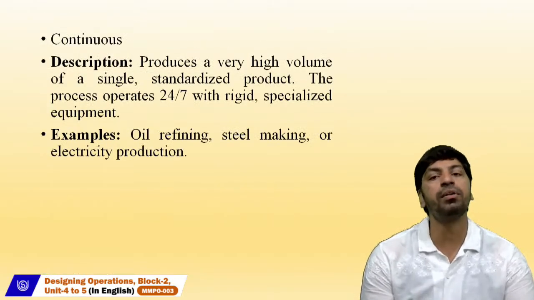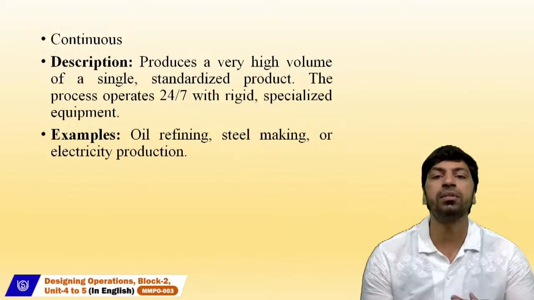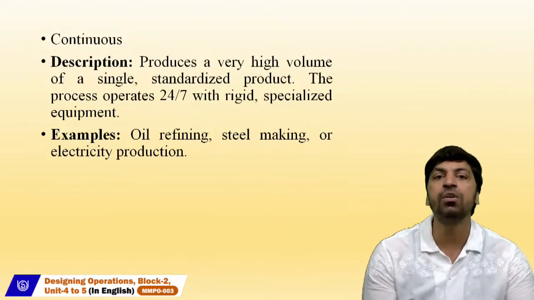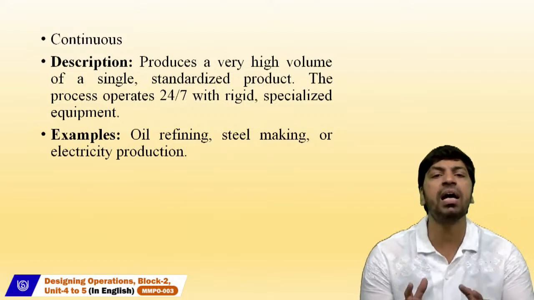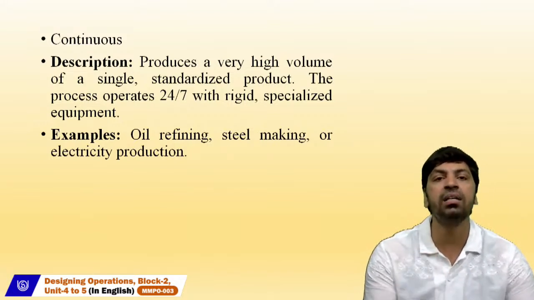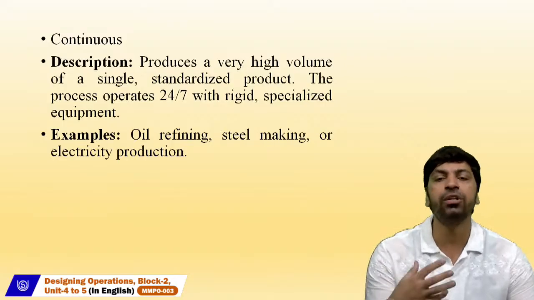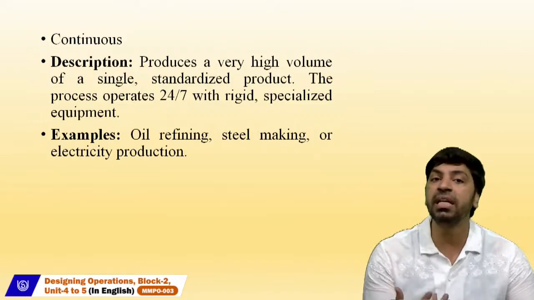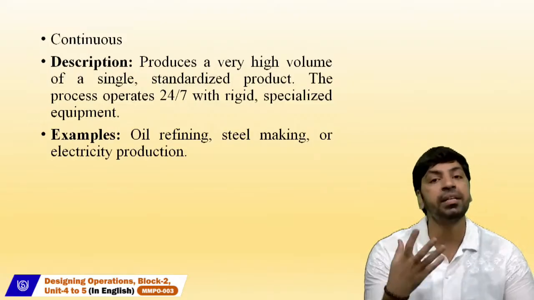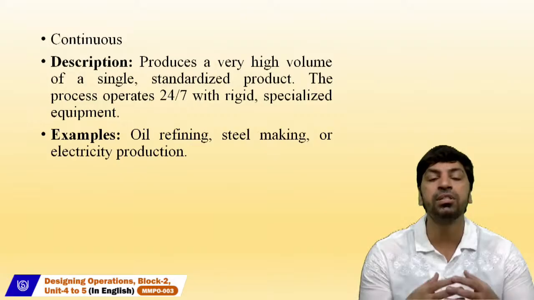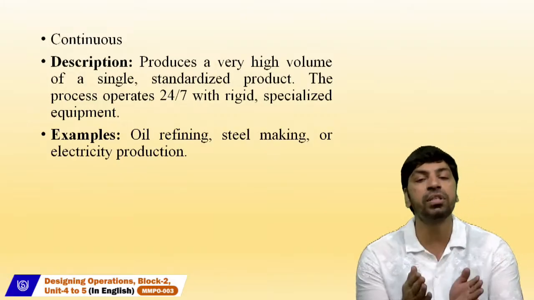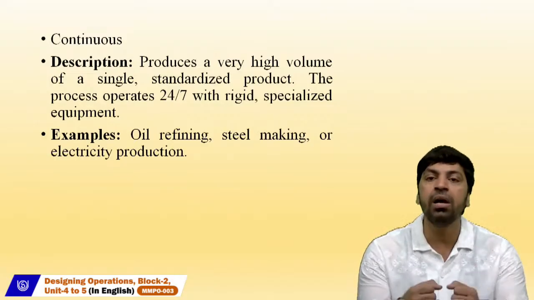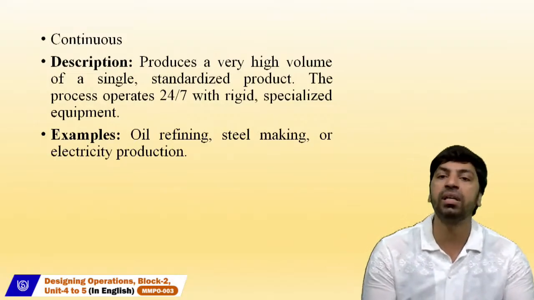Next is the continuous process. Continuous process is another type of process which produces a very high volume of a single standardized product. It could be oil, steel, or electricity. Here we are talking about a continuous process which cannot be stopped within an hour, two hours, or a day.